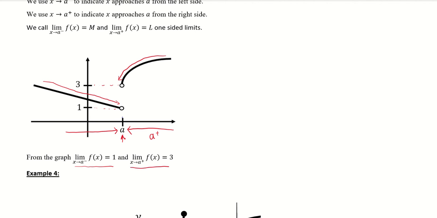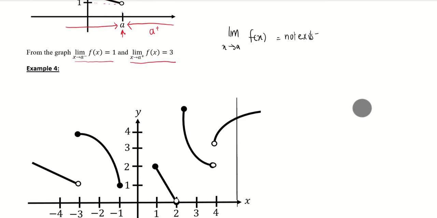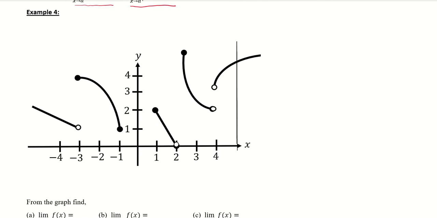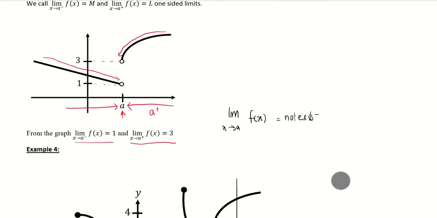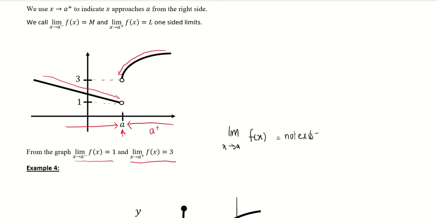So we have different answers here. To conclude about the limit as x approaches a, since the limits from the left and the right are not the same, therefore the limit as x approaches a does not exist. So that is the first part. For a limit to exist, the limit from the left and right must be the same.